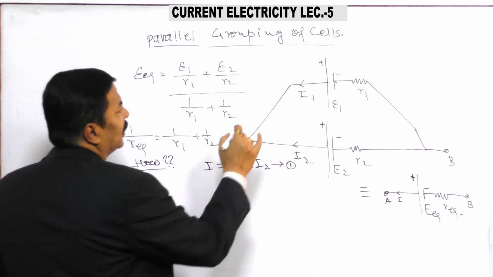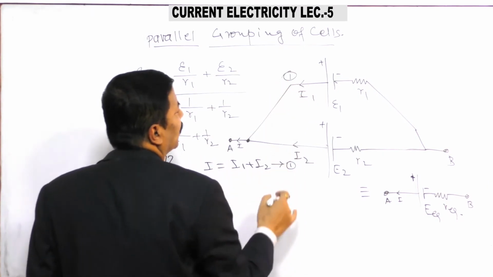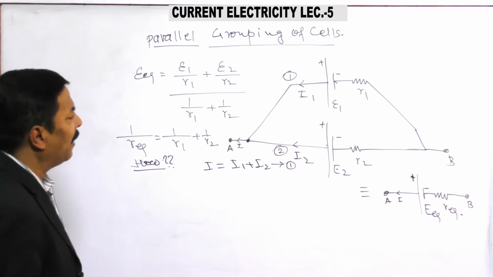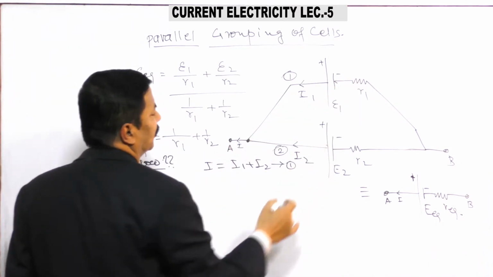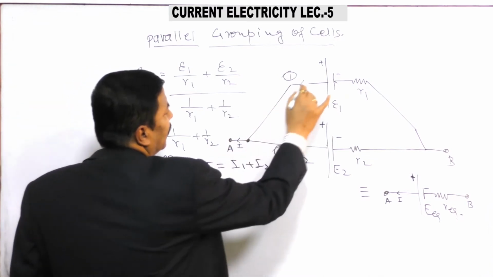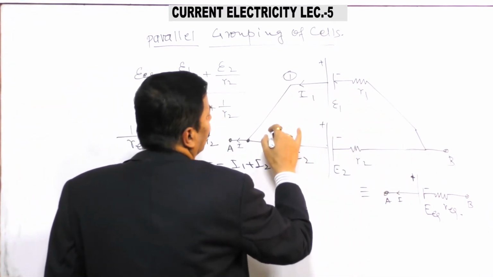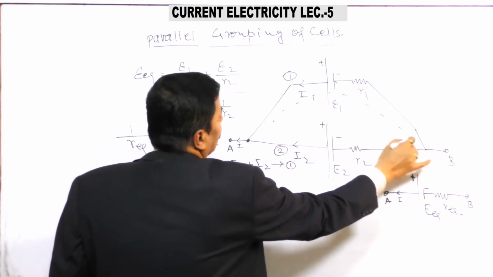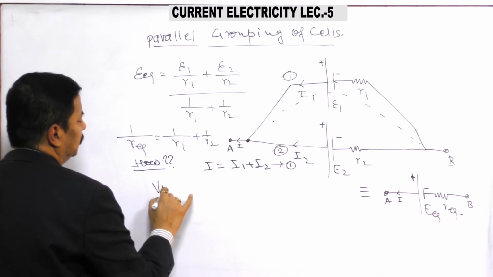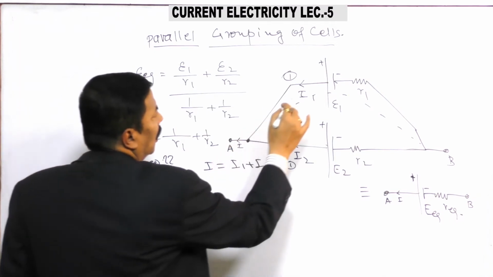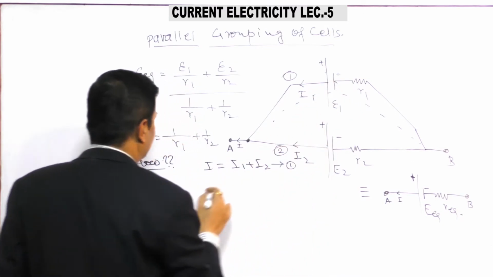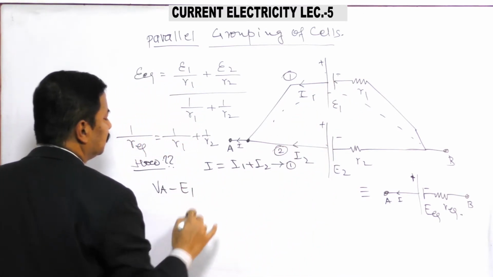Then I take this path as the first path and this path as the second path. I am applying Kirchhoff's law in the first path. The first path, point A is here. So see, VA, plus to minus means a decrease, minus E1.